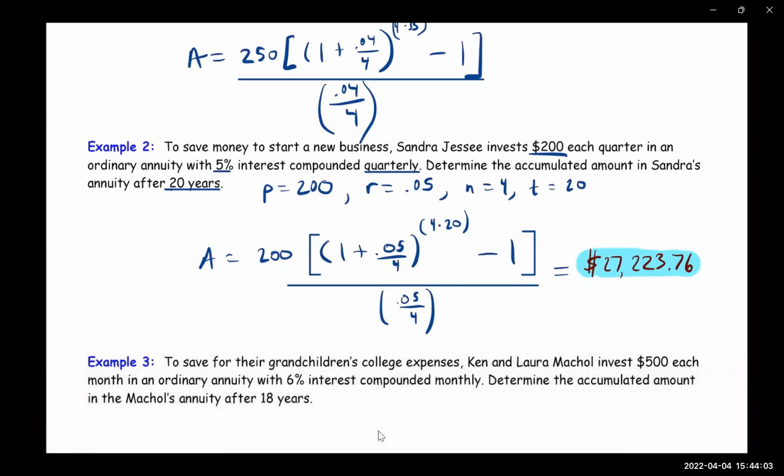Hold on. 8 over n, n is 4. I got something else. Oh, I know what I didn't do. I didn't do the minus one part. Oh, that's what I forgot. Hold on, let me go back in. Let's see if you guys can fix that.